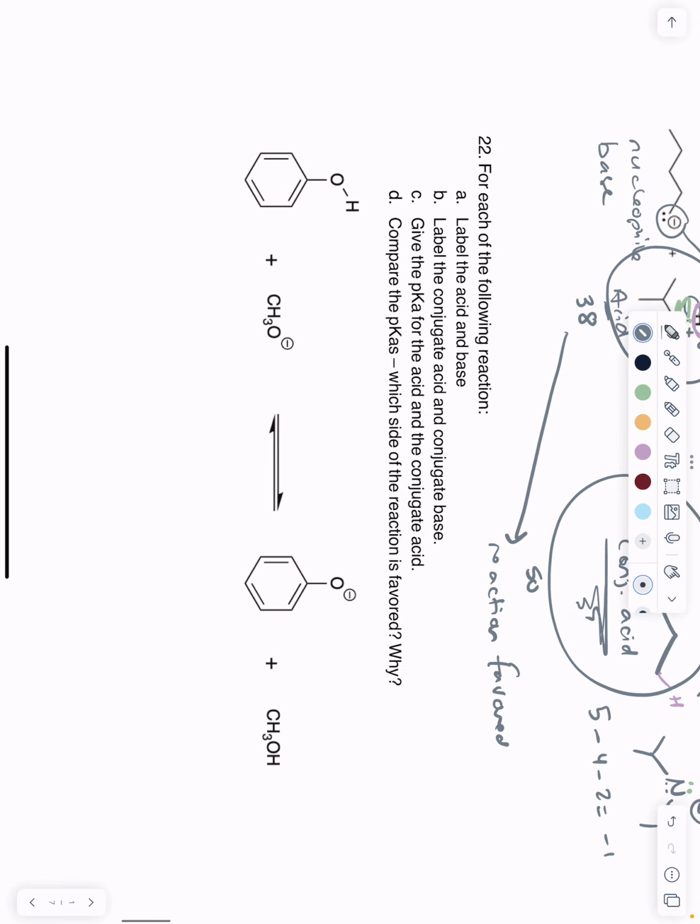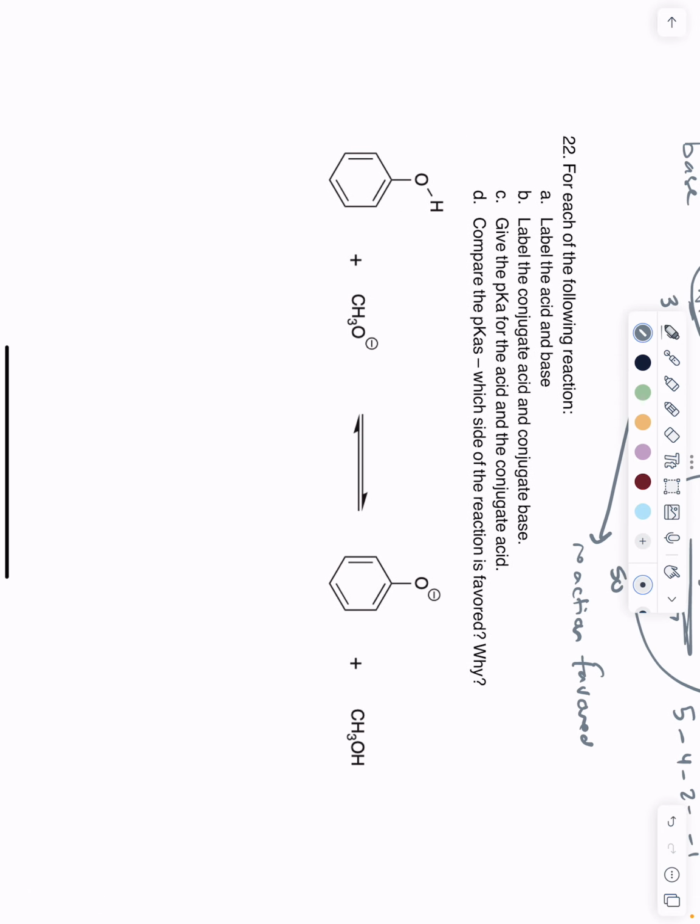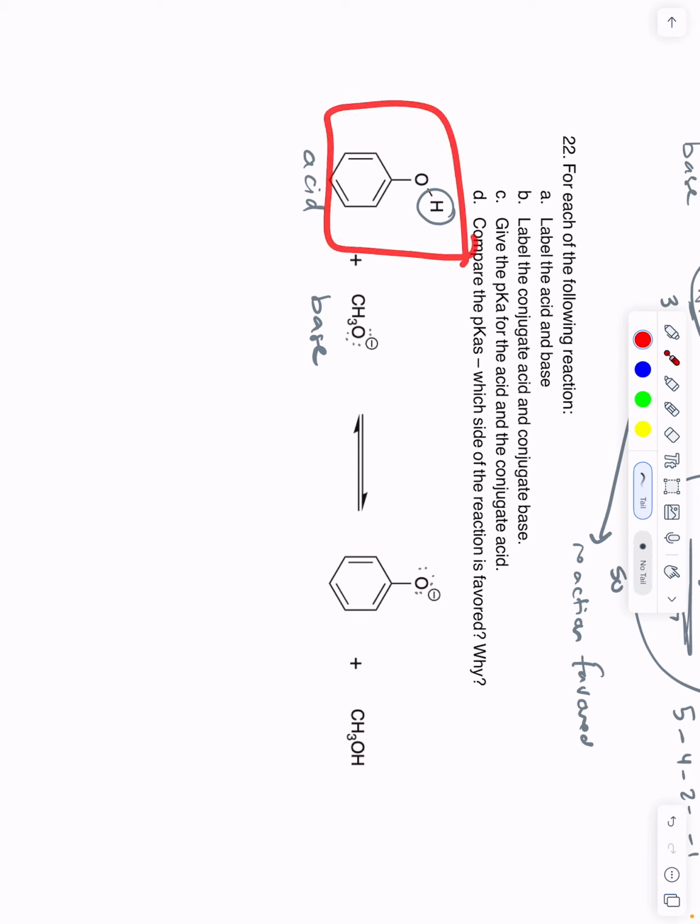Okay, and then for the next one, we're going to label the acid and the base. Again, I'm looking for the thing with an available hydrogen, or the thing with extra electrons that is negatively charged, which is usually going to be your base, and the hydrogen is usually going to be your acid. We know that on this side we have a hydrogen and we lost it.